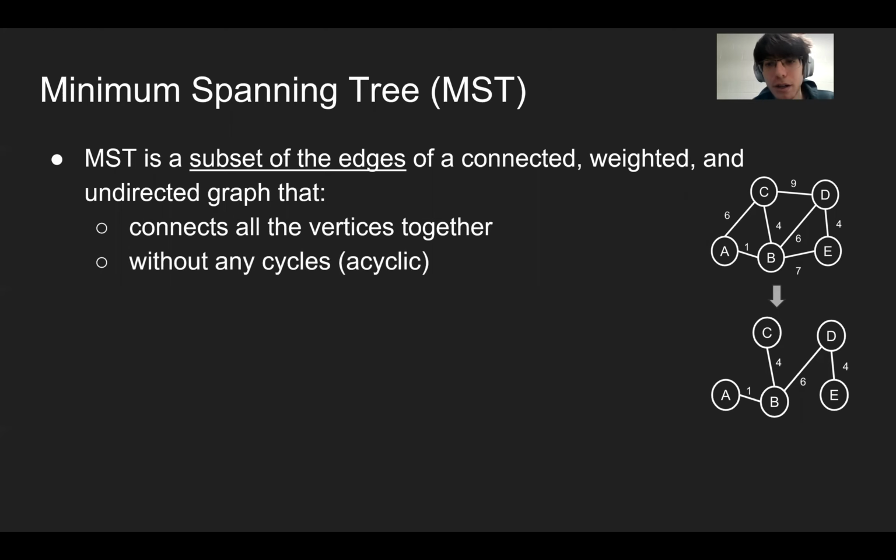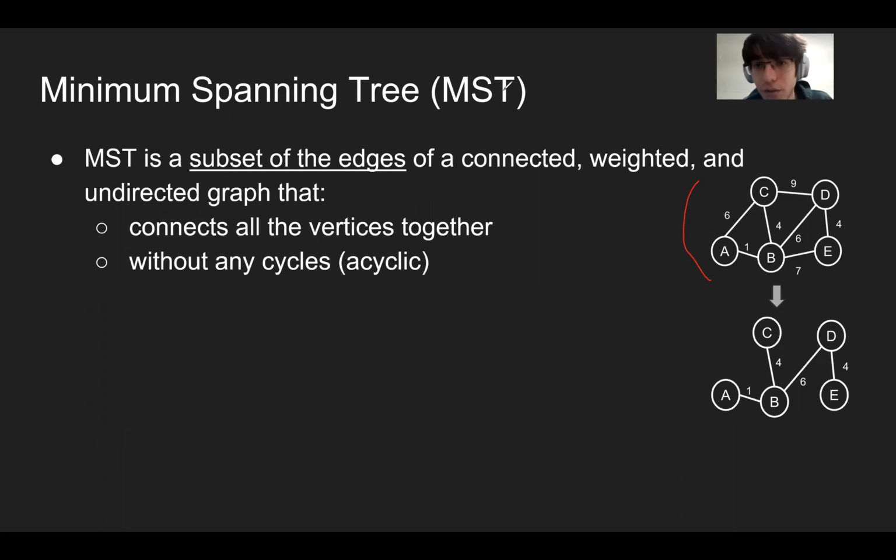and it's without any cycles. This is not a necessary condition, because in general, for minimum spanning tree, we usually consider it with only positive edge weights, like in this case here. So for this case, it wouldn't matter whether we mention cycles or not.